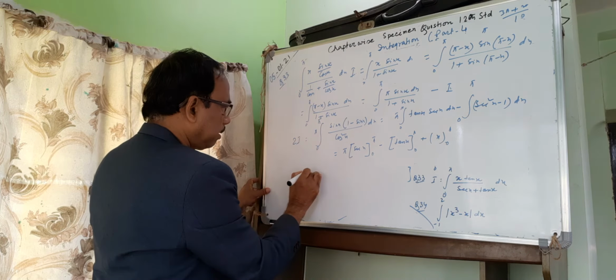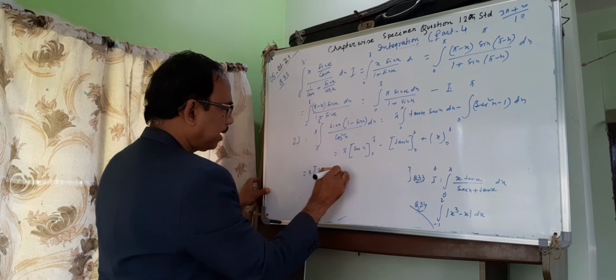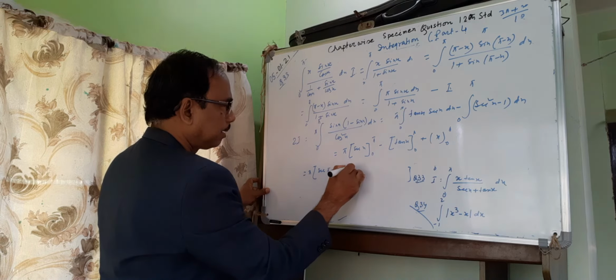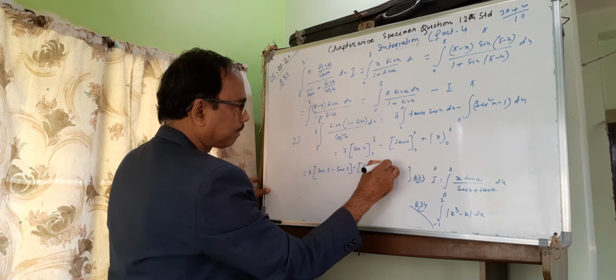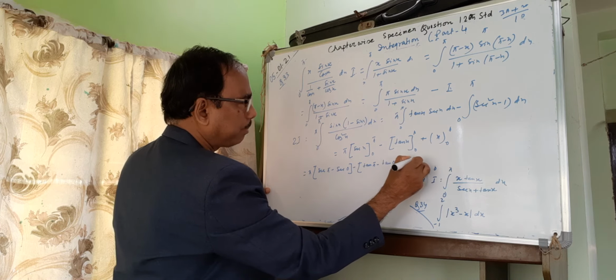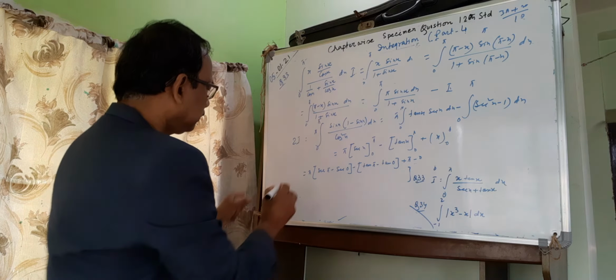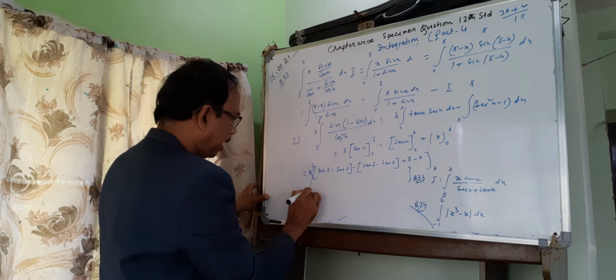Now take pi, sec pi minus sec 0, minus tan pi minus tan 0, plus pi minus 0. That is all over pi. That is pi.